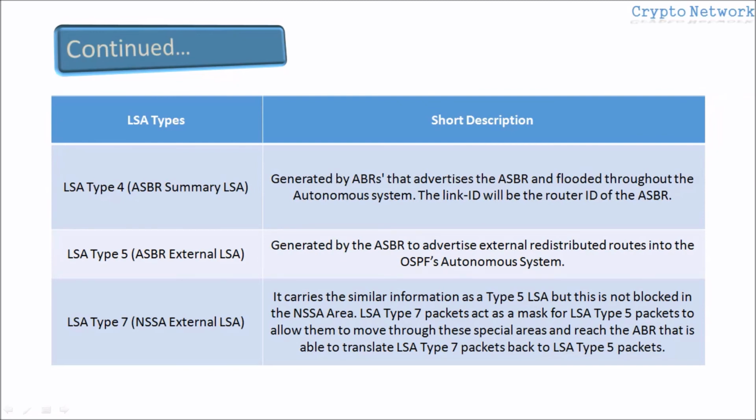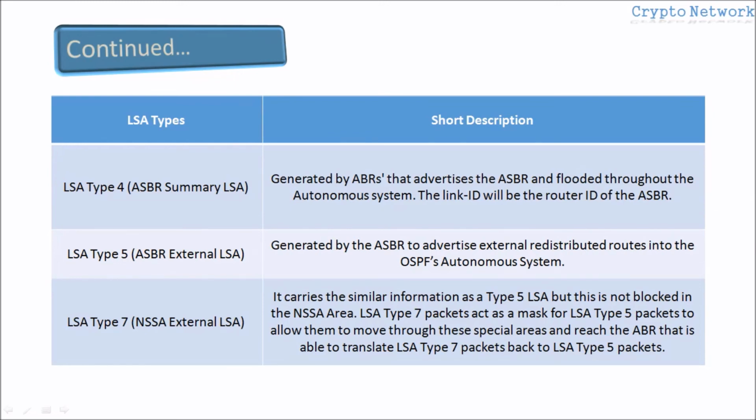So it advertises the ASBR router ID, so who is the ASBR and what is its router ID. The type 4 LSA is generated and flooded throughout the autonomous system.